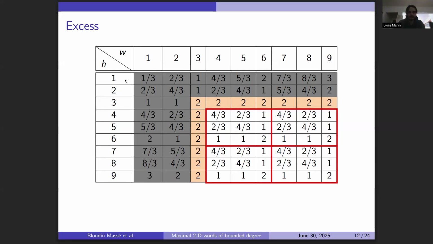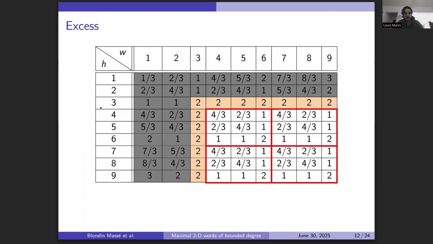For the cases in which one of the dimensions is 1, and the cases in which one of the dimensions is 2, maybe it's not too clear that there's a pattern there, because it keeps on growing. So the excess might not be as adapted for those cases.